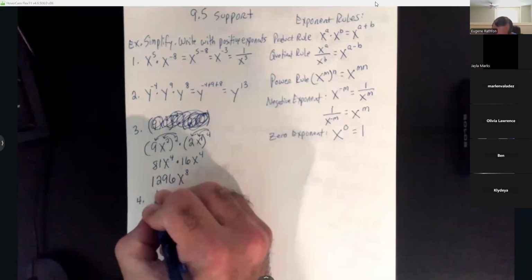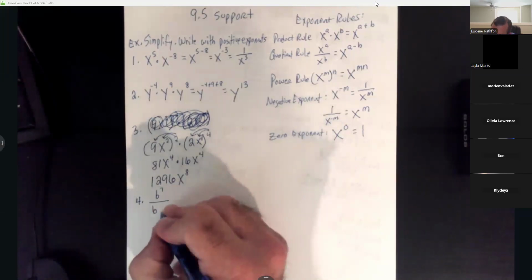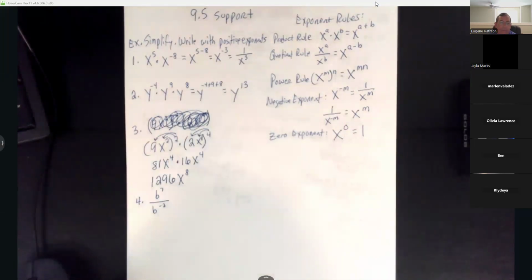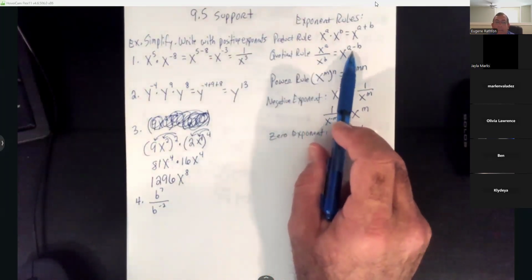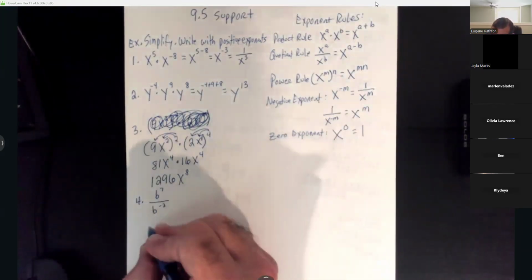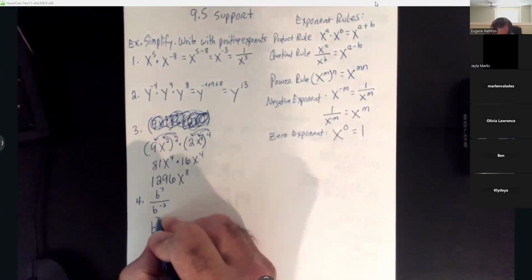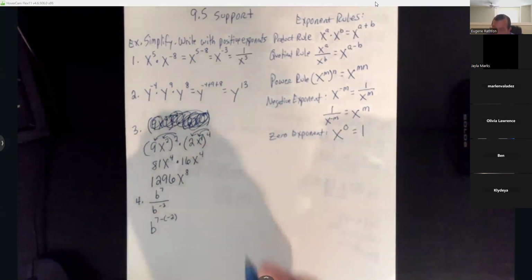All right, y'all try this. b to the 7th over b to the negative 2. So here's my quotient rule. It's the top minus the bottom. So these b's, this will be 7 minus negative 2.